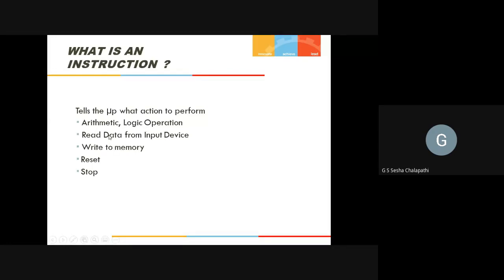After it performs a particular operation, it tells whether to write into memory or not. The instruction may also tell it to reset a particular system or stop a particular operation, or whatever different kinds of operations have to be performed on the computer. So basically it tells what action you have to perform, which can be different kinds of operations.